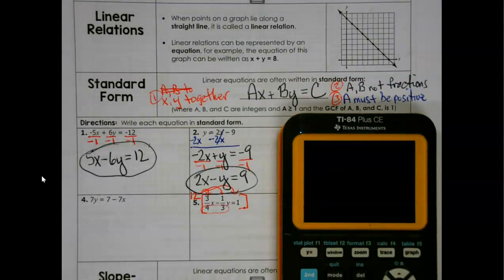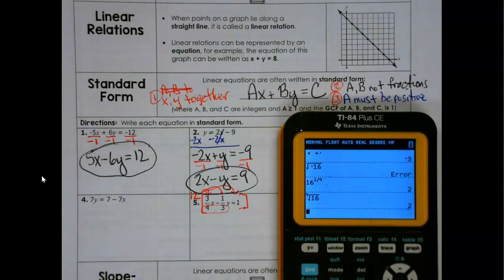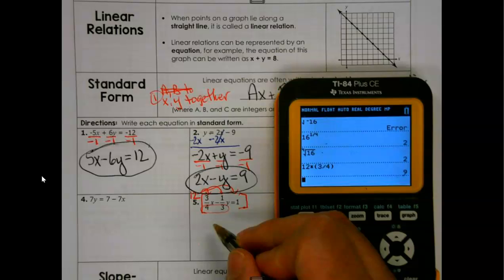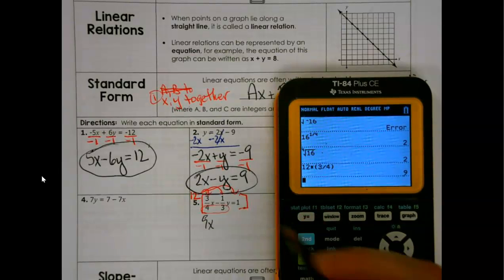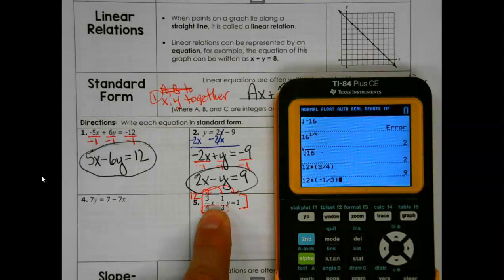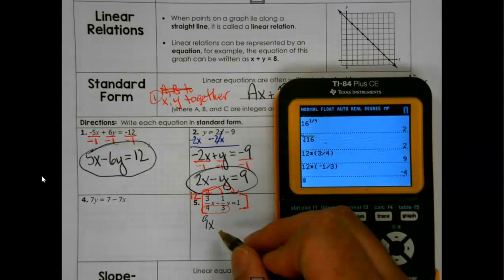Now, a couple of ways you can tackle this. As long as you put it in parentheses, you can just do it like this. 12 times 3/4, put it in parentheses. 12, oops, hang on a minute there. There we go. Times negative 1/3. Make sure you take the sign with you if it's negative.